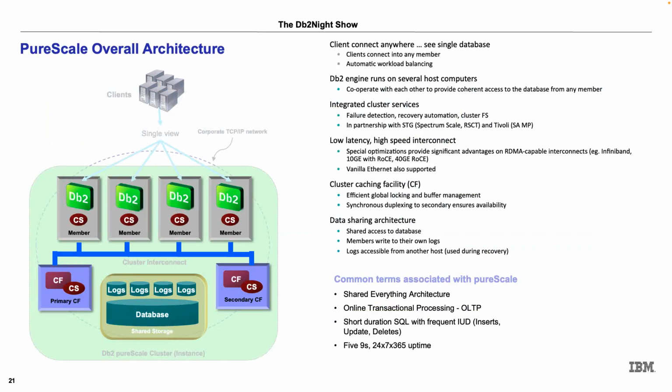Multiple Db2 engines run on separate hosts coordinated by the CS, which is cluster services, and a high-speed interconnect. The CF, which is the cluster caching facility, ensures global locking and buffer consistency. Each member, keep in mind, writes its own logs, but recovery can happen from any node. In short, pureScale delivers continuous availability, seamless scaling and consistent performance.